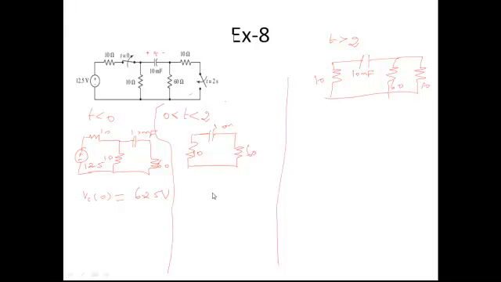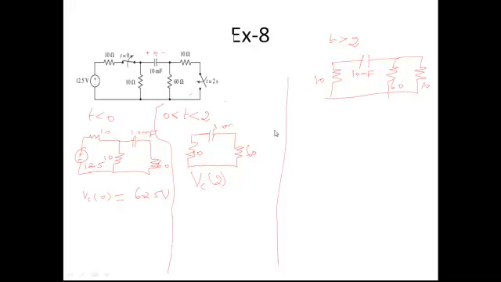And you have to find out what is Vc at 2 seconds, because the circuit will stay only up to 2 seconds. So Vc of 2 will act as an initial condition for this particular circuit. And for this circuit, you can find out the final condition also.